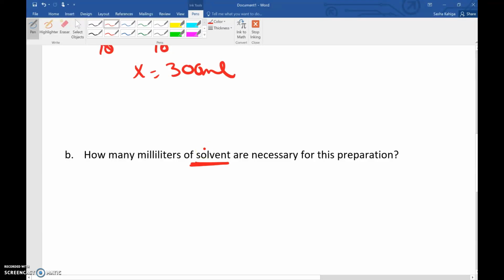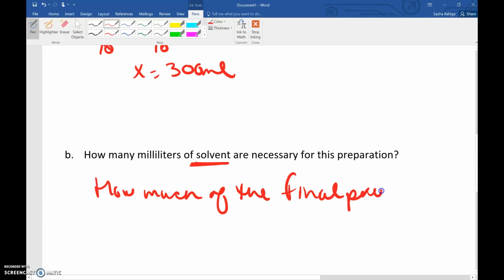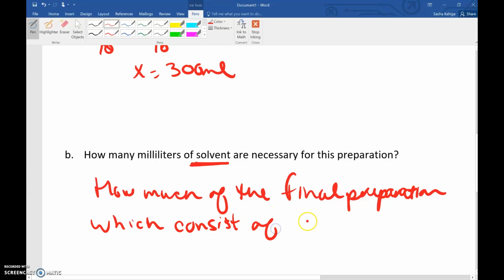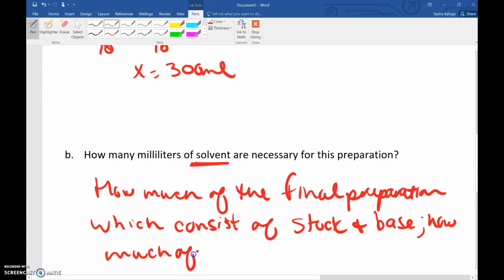So basically they're asking how much of the final preparation, which consists of your stock and your base, how much of it is base? That's what solvent is.